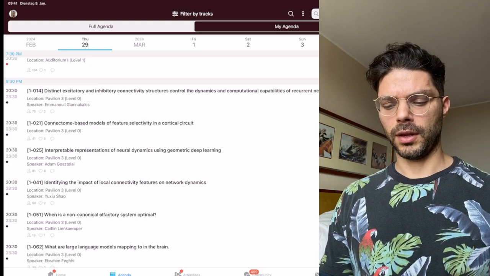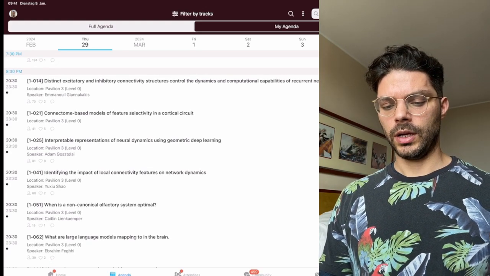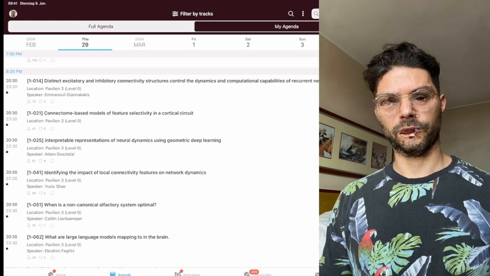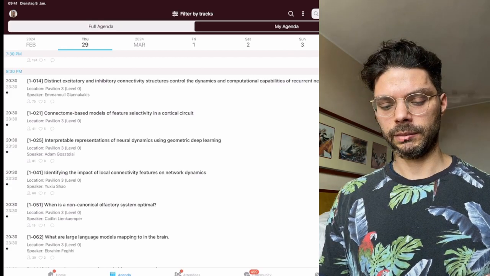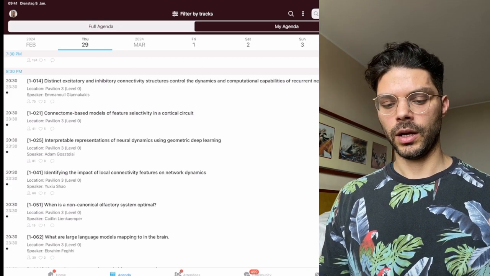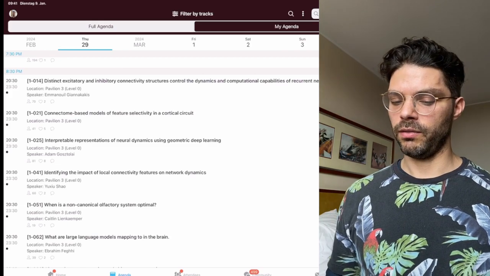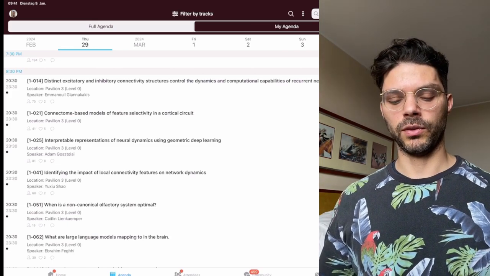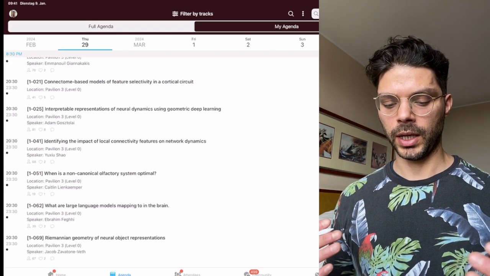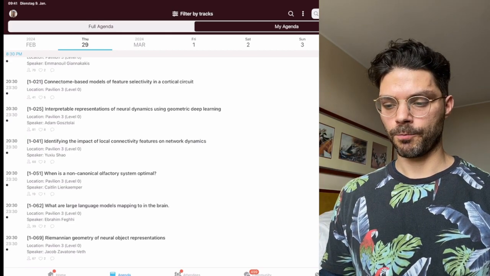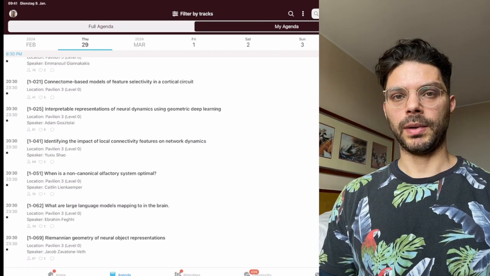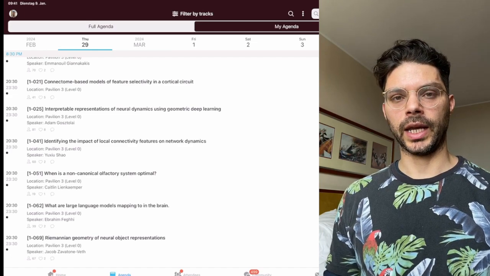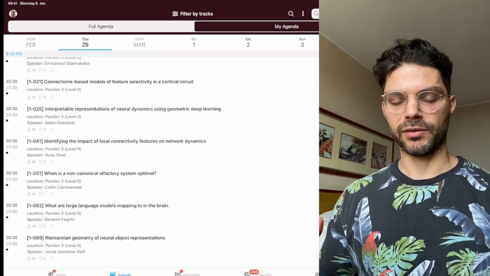In terms of the themes that I thought would show up, there was just the one LLM paper on transformers, but there does seem to be a lot on connectomics, trying to connect various aspects of connectomes to neural activity. So that seems to be a really big theme this year. Excellent. So I think that's about it for now, and I'll give an update after the poster session.